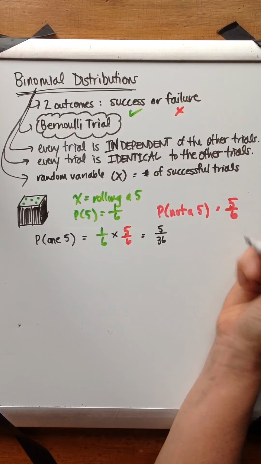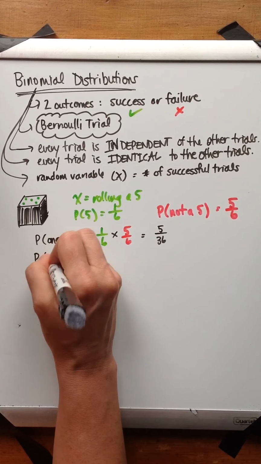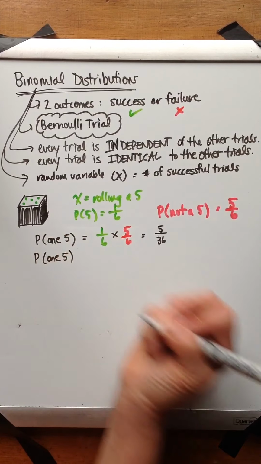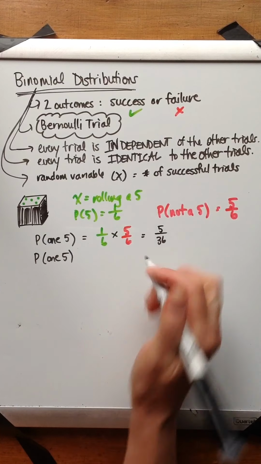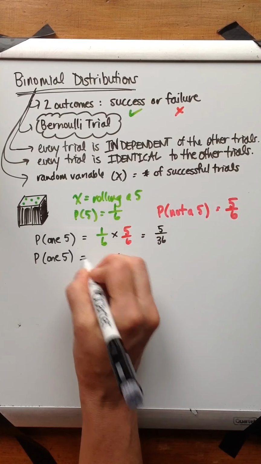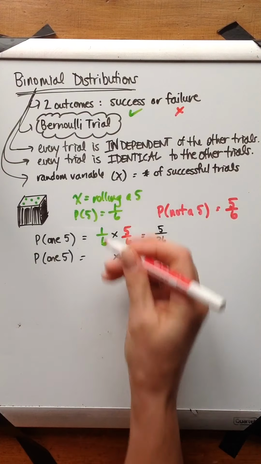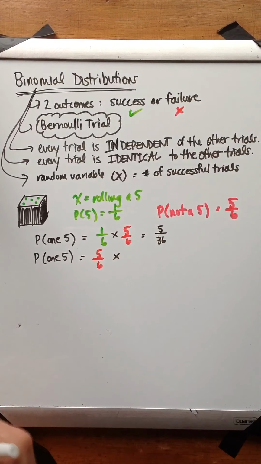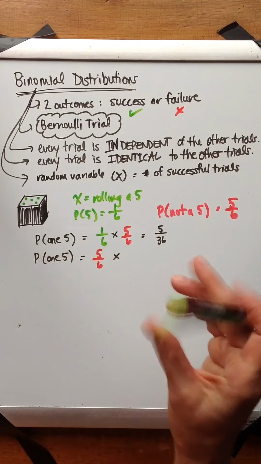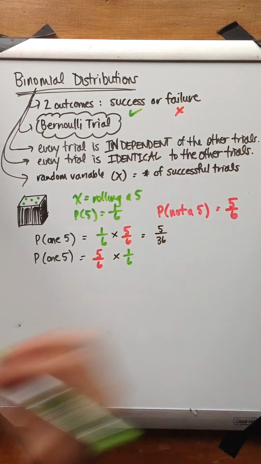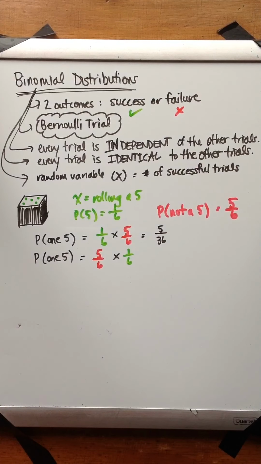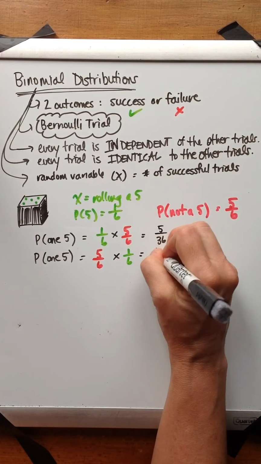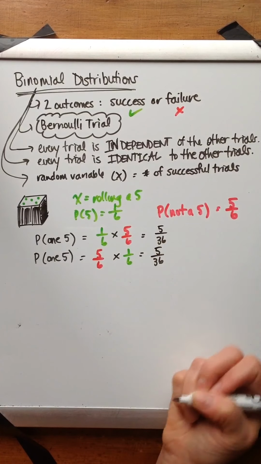But there's another way this could happen too. Your probability of getting one 5 from 2 rolls could happen on the second roll and not on the first one. So it could be 5 out of 6 times 1 out of 6. But notice that the overall probability for those 2 rolls doesn't change. It still comes out to 5 out of 36.